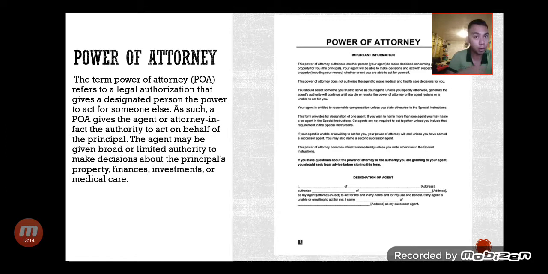So the document simply delegates the principal's authority to an agent or a person. The principal can delegate full authority or only partial.